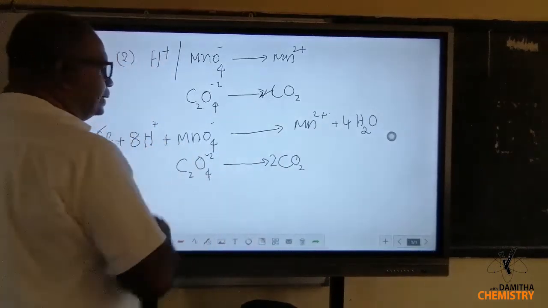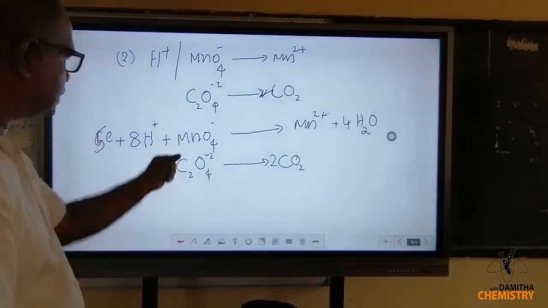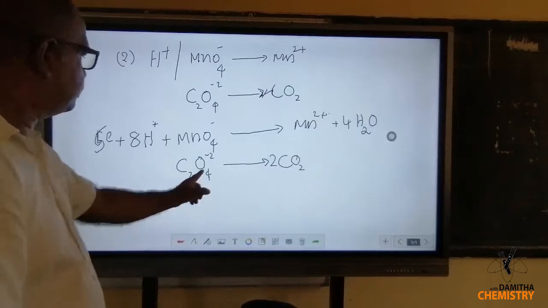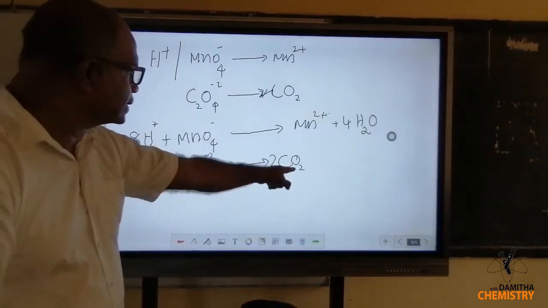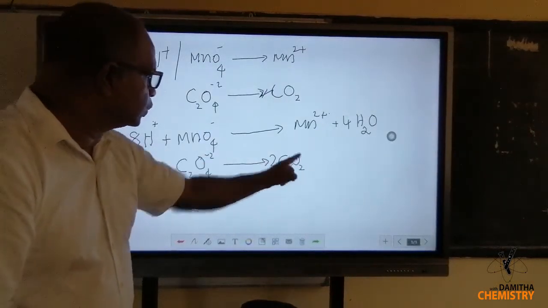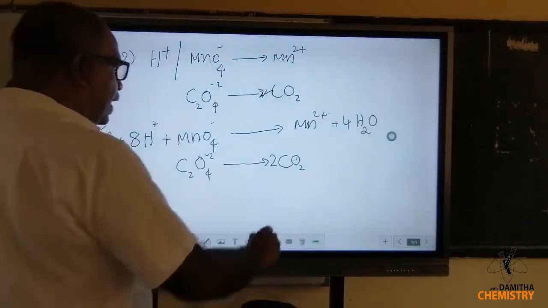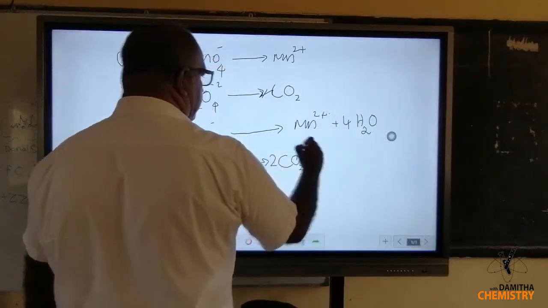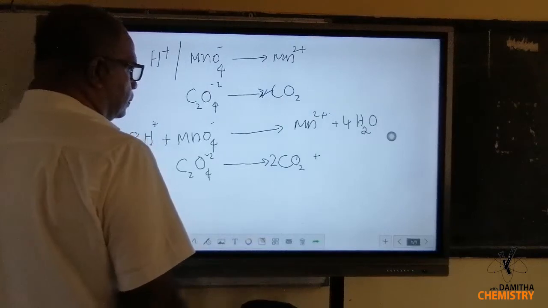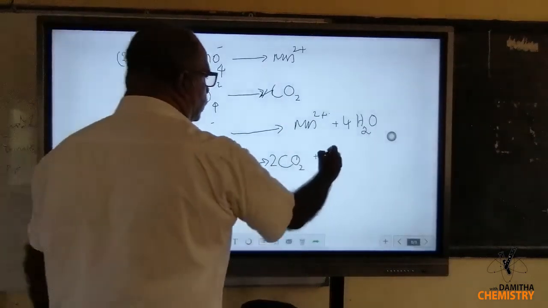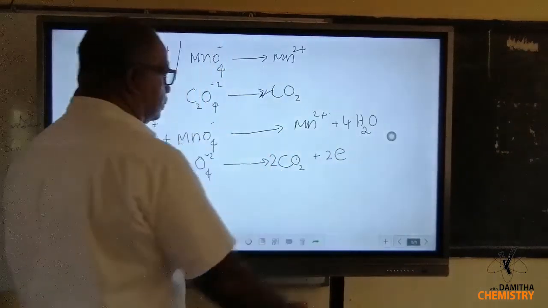Now oxygen: the left hand side has 4, the right hand side 2 times 2 is 4. Then add 2e-. Why?